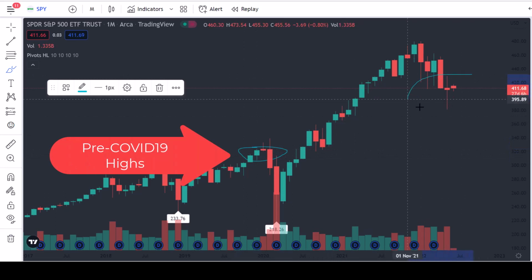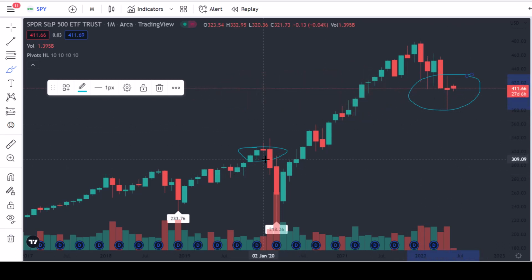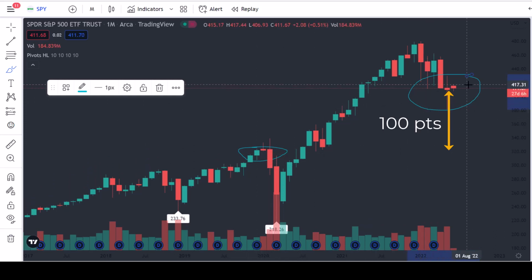Here's where we are now. Much, much higher. That's over 100 points higher, in fact, from the COVID kind of middle tier ground of 300 to where we are at 411.